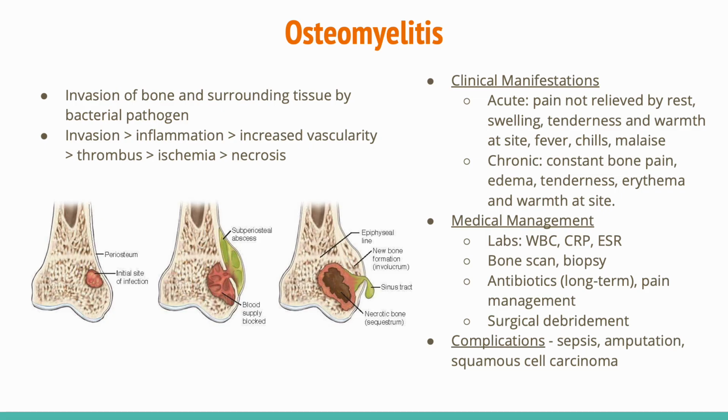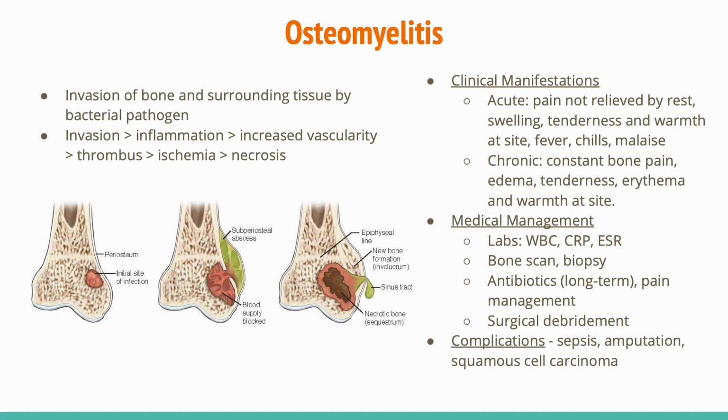So in hematogenous osteomyelitis, bacteria travel through the bloodstream from another site of infection and lodge within the bone. In non-hematogenous osteomyelitis, bacteria enter directly through trauma, open fractures, surgery, diabetic foot ulcers, or orthopedic implants. Once bacteria invade the bone, the body triggers an inflammatory response.